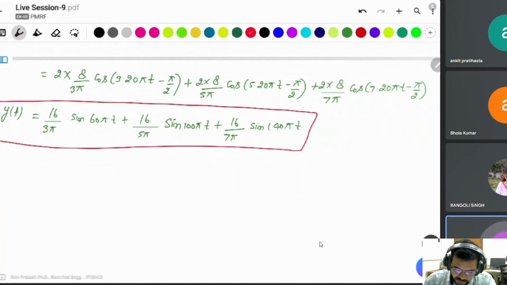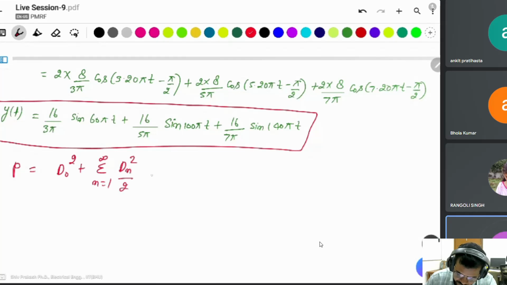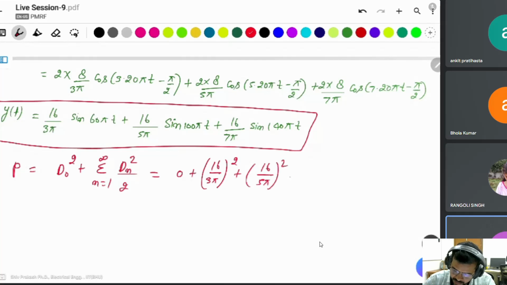Then what is the power of this one? You know the power is d naught square plus the summation of n equal to 1 to infinity of dn square by 2. D naught is 0, plus 16 by 3 pi squared, plus 16 by 5 pi squared, plus 16 by 7 pi squared, divided by 2.